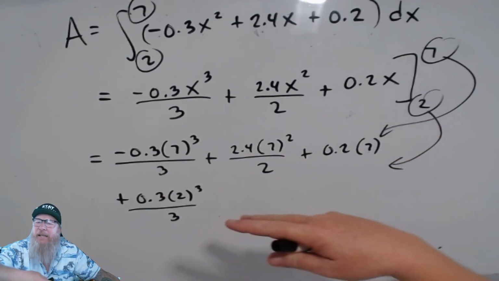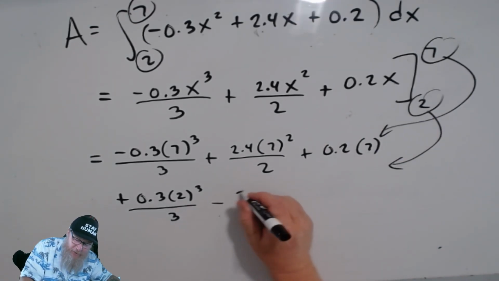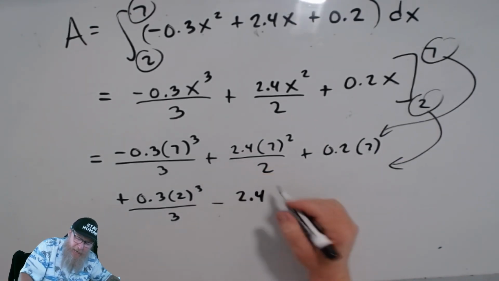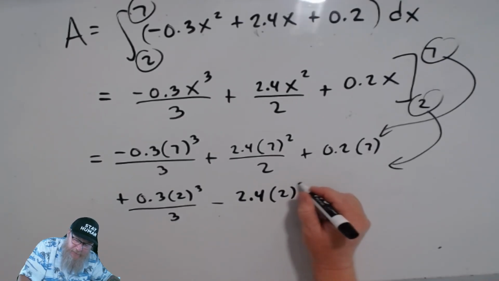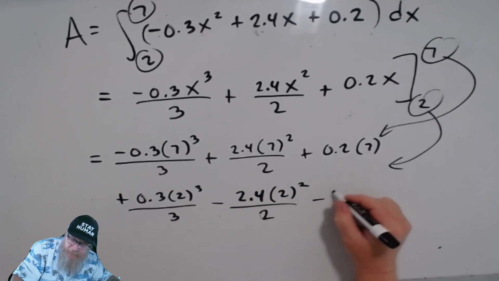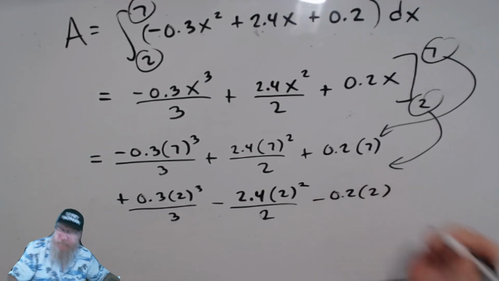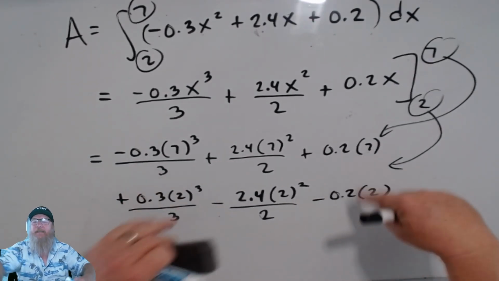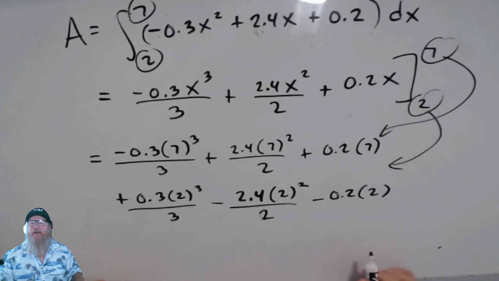But when you minus the lower limit, you're probably catching on by now. It just changes all your pluses to minuses and all your minuses to pluses. Yeah, so that's a nice technique for doing the calculations.